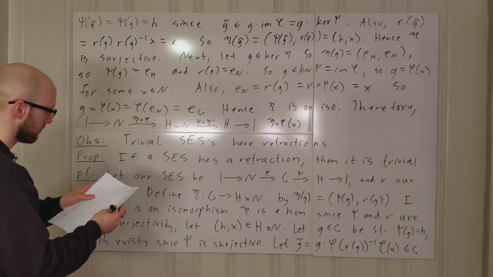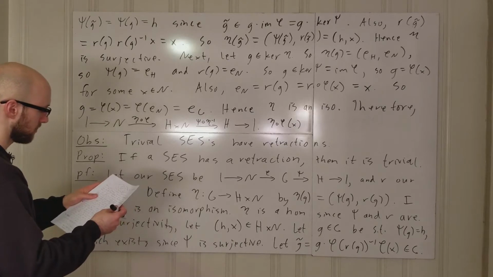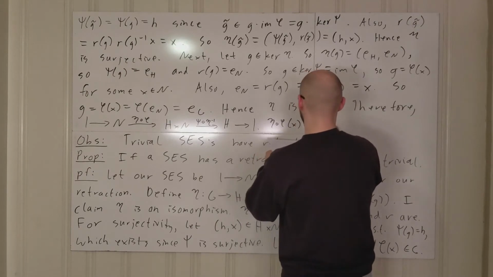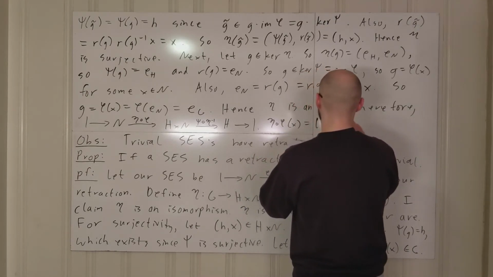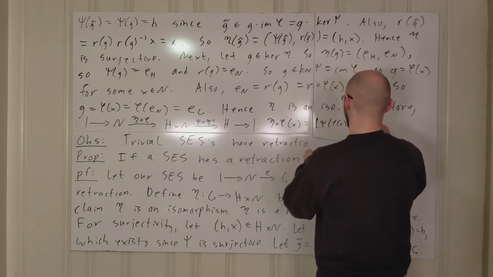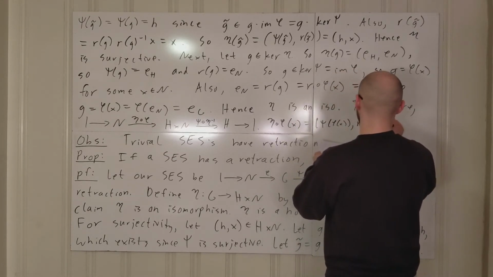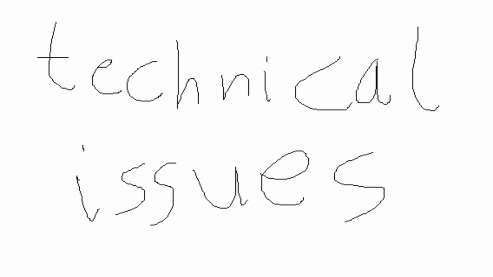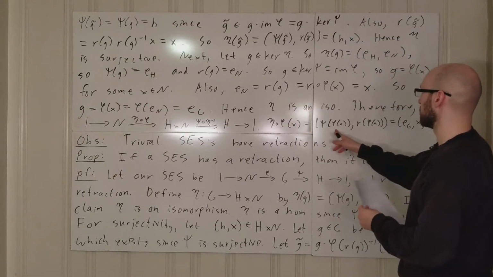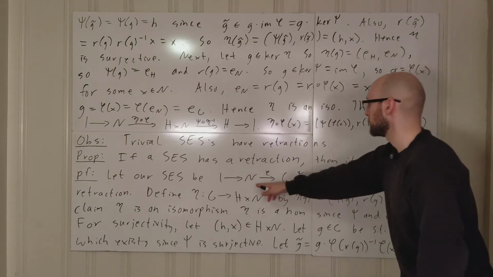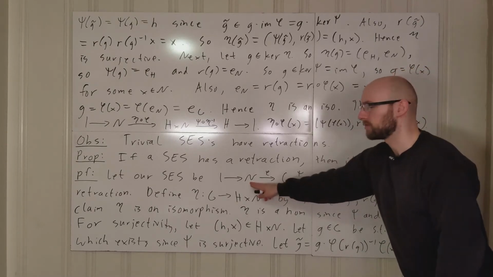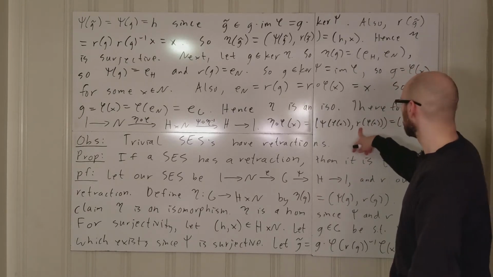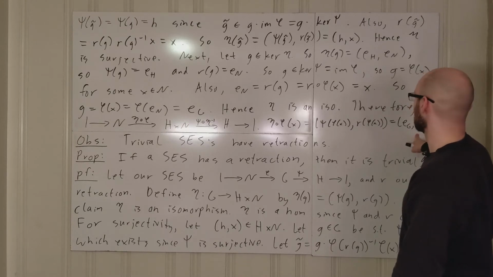Eta of phi of x is going to be equal to psi of phi of x, comma, r of phi of x, which is equal to the identity element, x, because psi of phi, because this is a short exact sequence here, so anything that started here will die once you go through twice, and so it'll just be the identity. Then of course this is the identity map, and so this is just x.